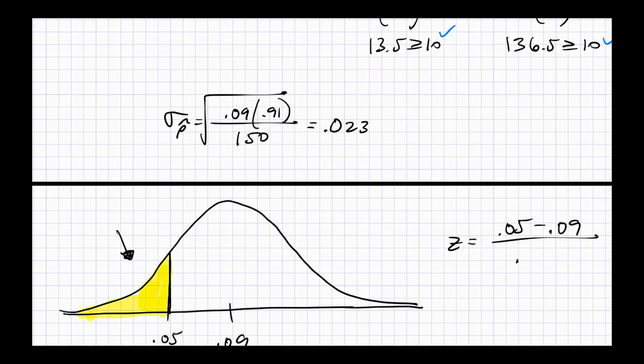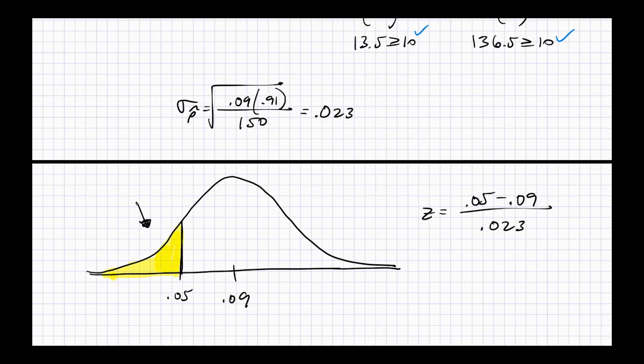That number goes on the bottom here. Okay. Divided by 0.023, I get a z-score of negative 1.74.